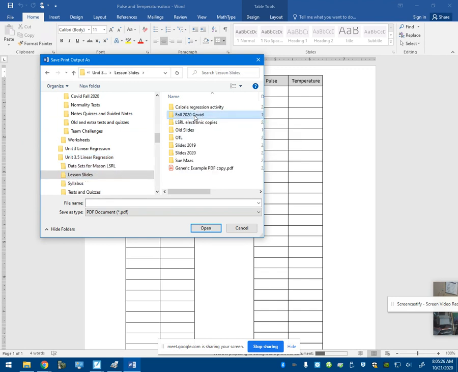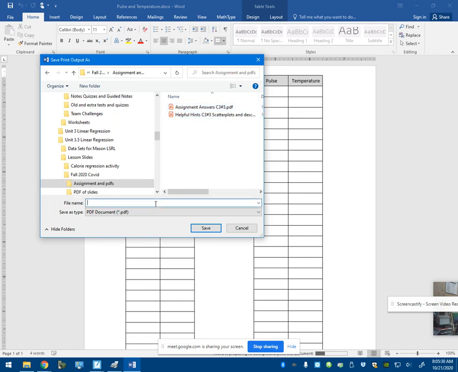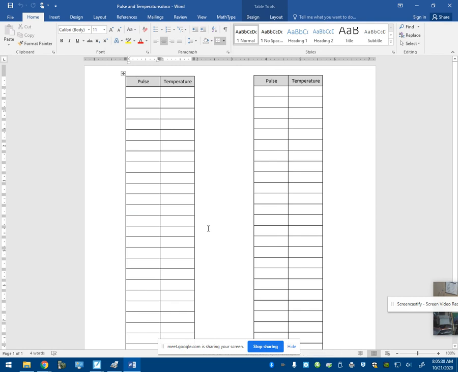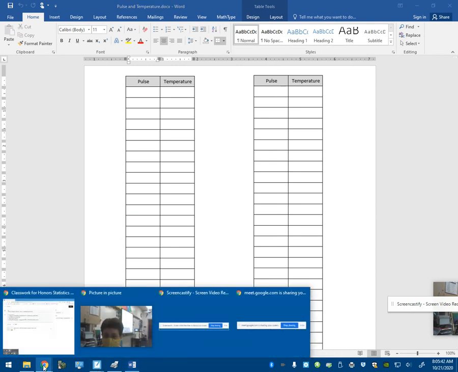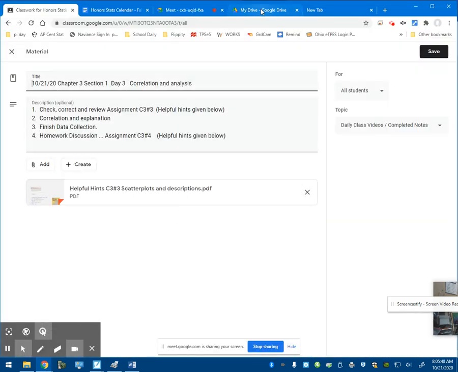Okay, electronic PDF assignments and PDF. So yeah, don't cause yourself to have a stroke or something just because. All right.